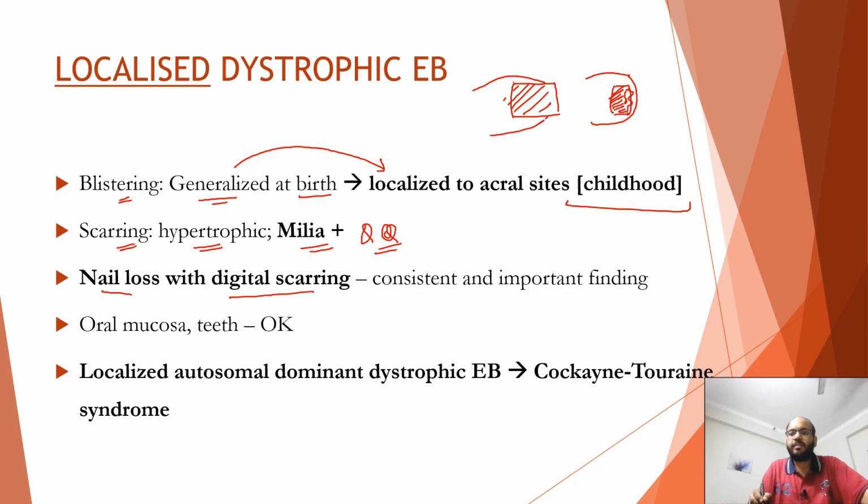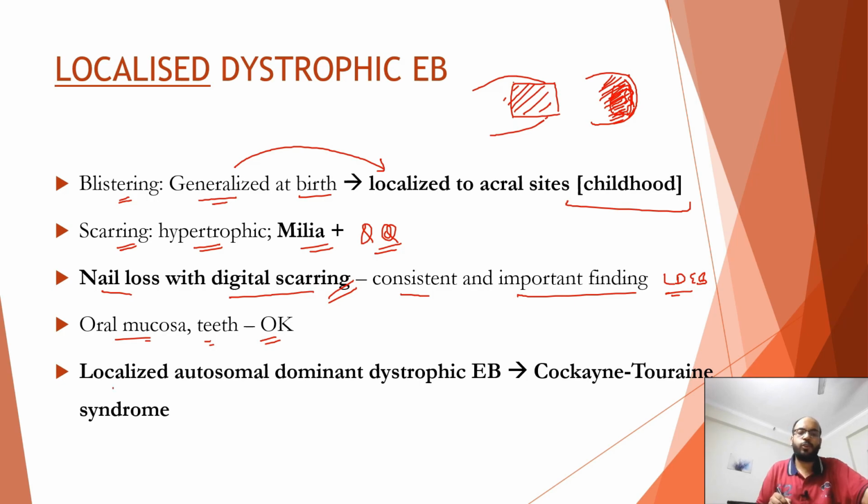The destruction could be severe enough to cause atrophic scarring at the ends of the fingers and toes, and that is known as digital scarring. And it's a consistent and an important finding in localized dystrophic EB. So if you see the digital scarring at the ends of fingers and toes, assume that you are dealing with localized dystrophic EB. The oral mucosa and teeth are okay because they are non-acral sites.